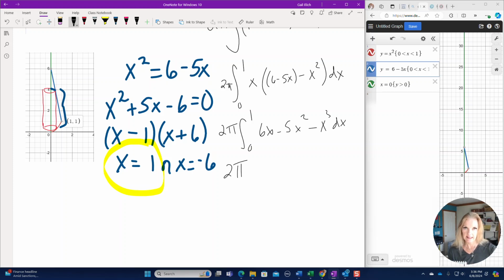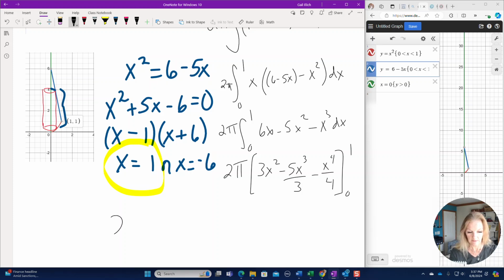So the antiderivative of 6x is going to be 6x squared over 2, which simplifies to 3x squared, minus 5x cubed over 3, minus x to the 4th over 4. And you're going to do that from 0 to 1. So then you have your 2 pi.